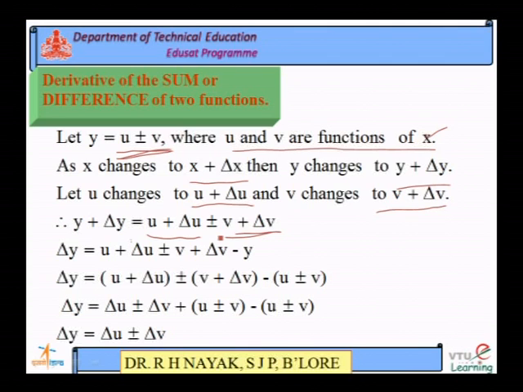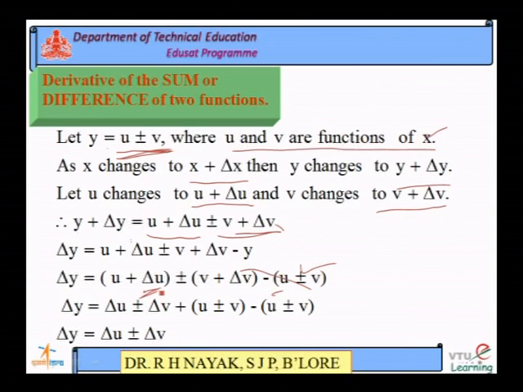Next, what I did here, I have taken u plus delta u plus or minus v plus delta v minus of y. y is taken here. What is y? y is equal to u plus or minus v, that is substituted here. Then delta y is equal to what?